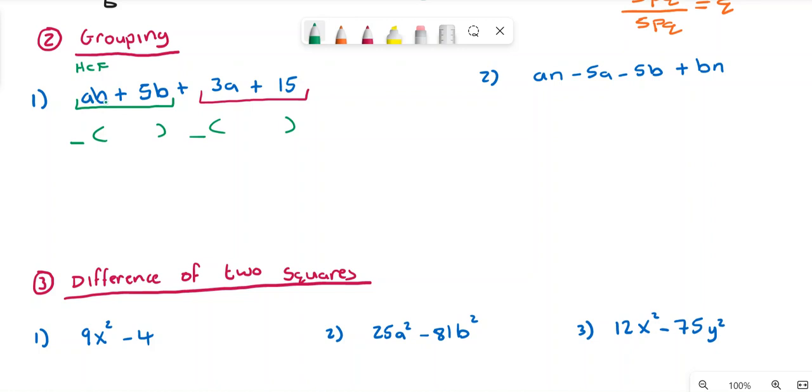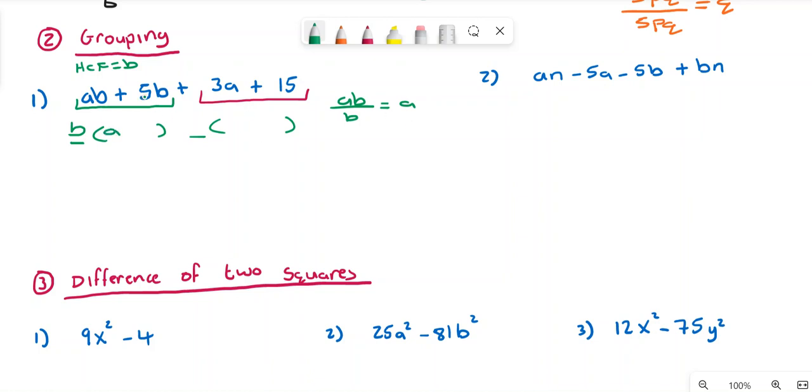So we can see it's likely to be b, because b will divide into each of these terms. So if I put b here as the highest common factor, then again what I want to do is divide both terms by the highest common factor. So if I take ab and I divide that by b, let me just put this over here out of the way, it's a bit tidier. So if we take ab and divide it by the highest common factor, b, that's going to leave me with a. So again, a will go in here.